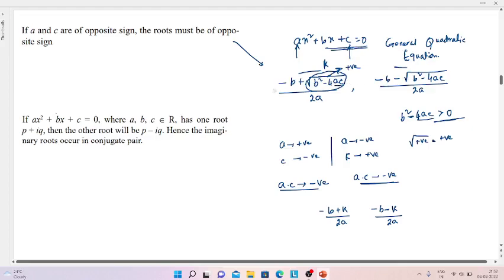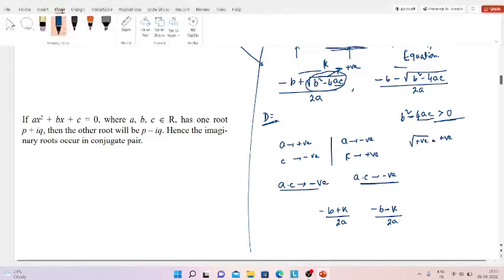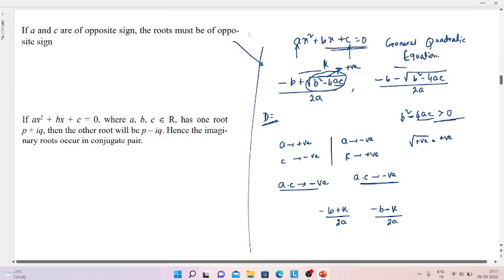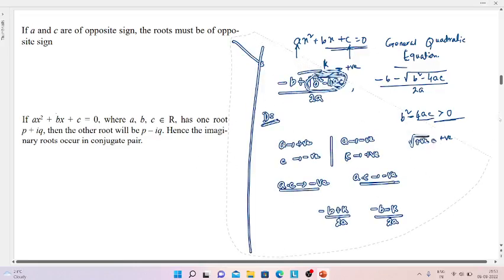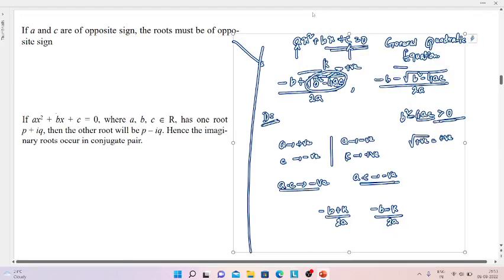So you can understand what I am trying to prove by finding out what D is. Let me first erase that part, so that I can show you the condition for the second case.